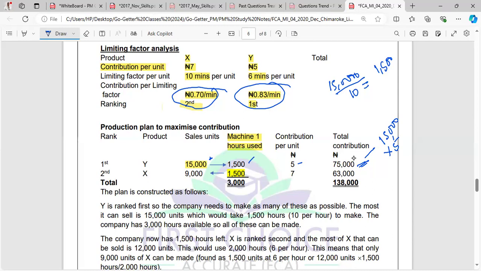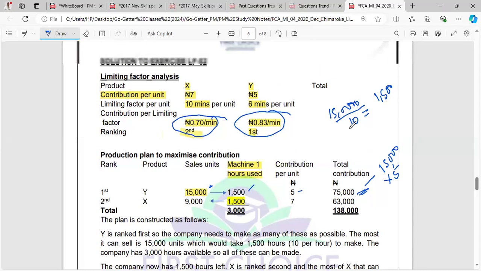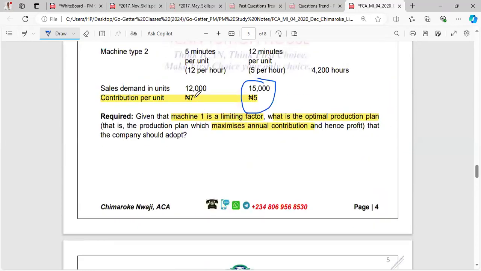You come to the X now. Now, X demands 12,000, right? So you cannot do all the 12,000. Why? If you can do all the 12,000, that means there was no limiting factor. But because you cannot do all the 12,000, it must be limited.